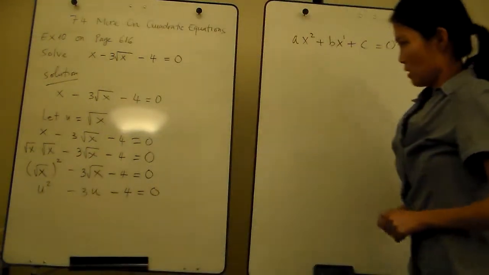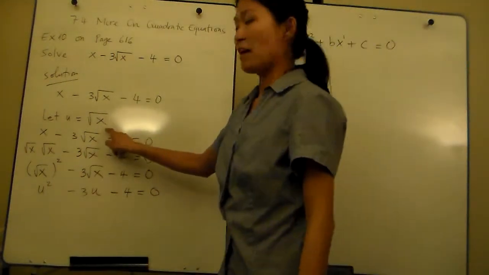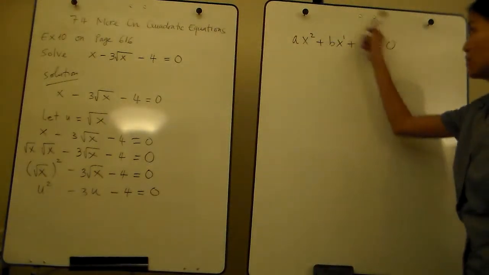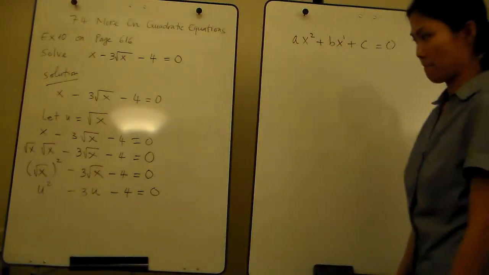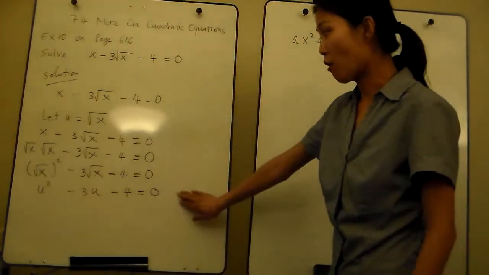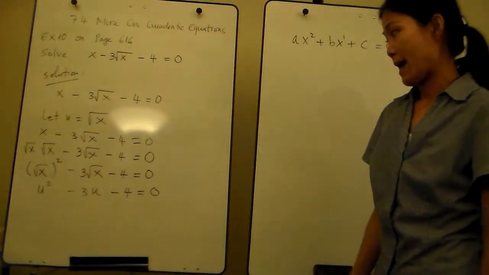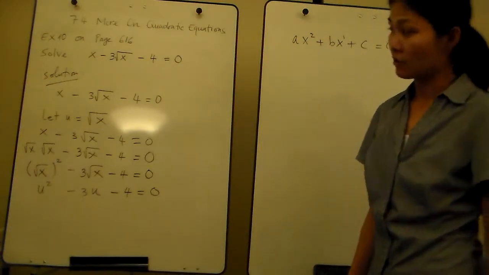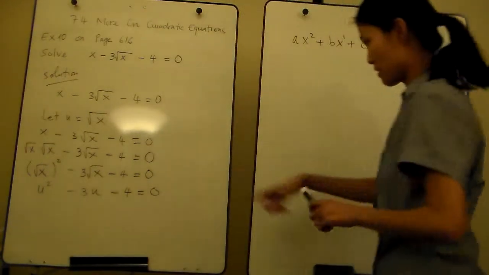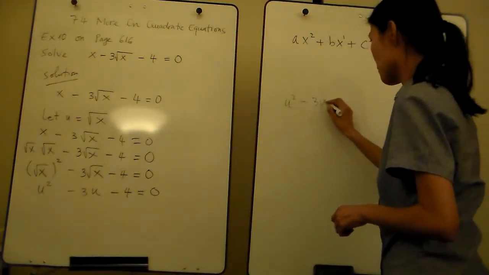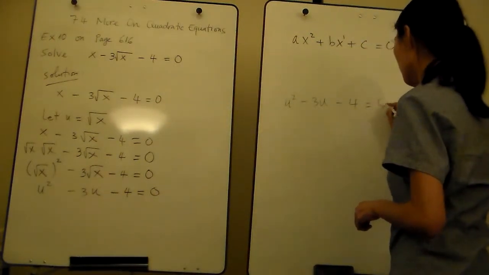Now, after letting u equal square root of x, you see that you get the standard form of the quadratic equation here. Now, you can start using the quadratic formula to solve this, or you can factor this out. Let's factor this out to see. We have u squared minus 3u minus 4 equals 0.